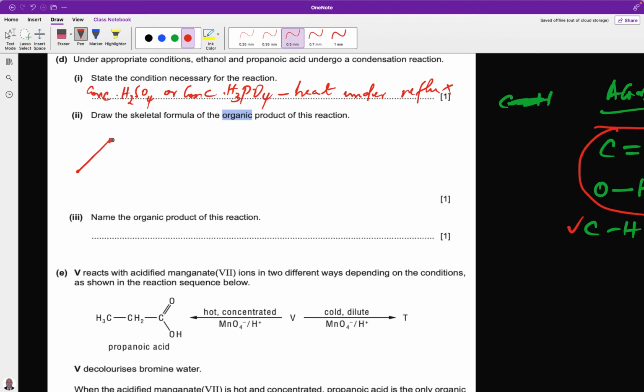Now this is the first carbon, this is the second carbon, this is the third carbon. The third carbon is bonded to what? From our structure, the third carbon is bonded to oxygen. There's a double bond there. Now, remember, the third carbon is also bonded to oxygen.